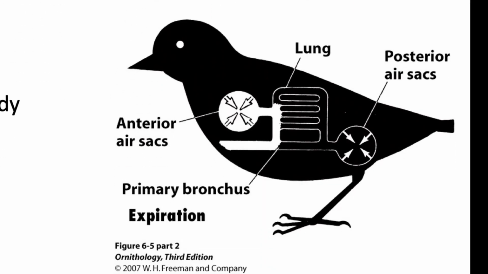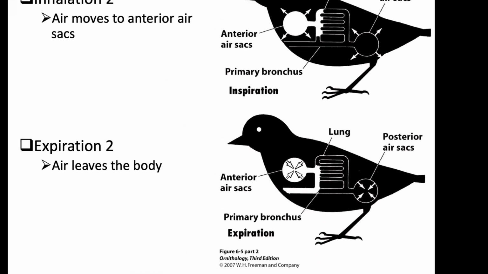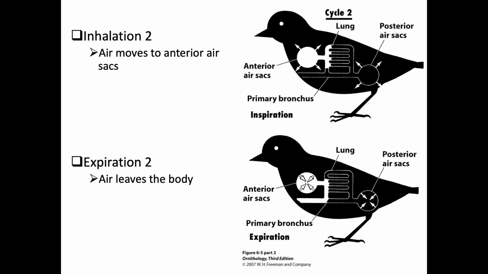And then on expiration 2, this air that's in the anterior air sacs that's full of CO2 and has been depleted of its oxygen then leaves the body. And at the same time, in expiration 2, the batch of air that was just behind this one is moving into the lungs. So what this does is it provides a one-way flow of air, so that when the lungs have air in them, it's always maximally oxygenated.